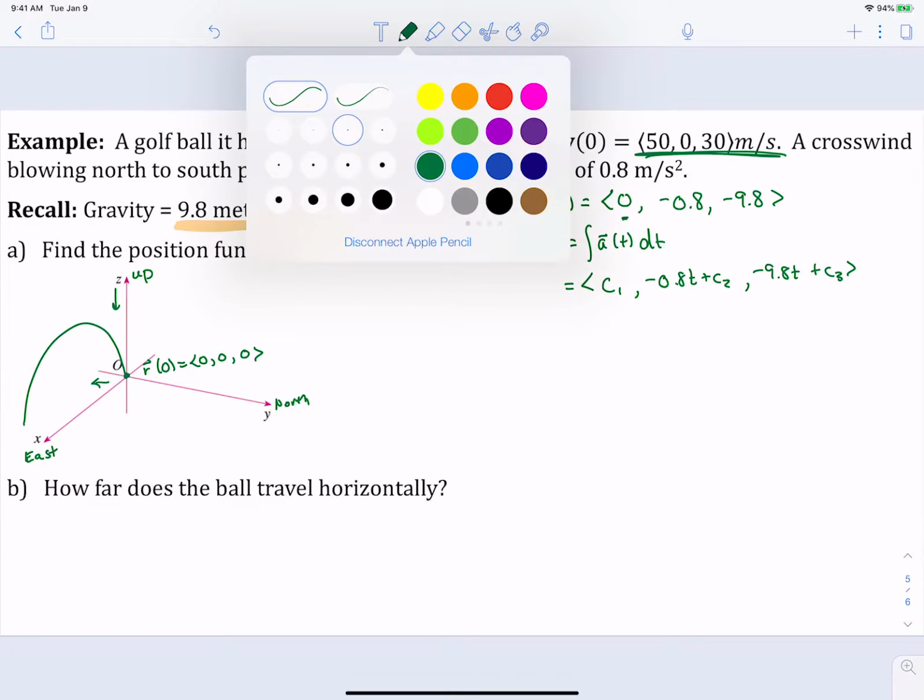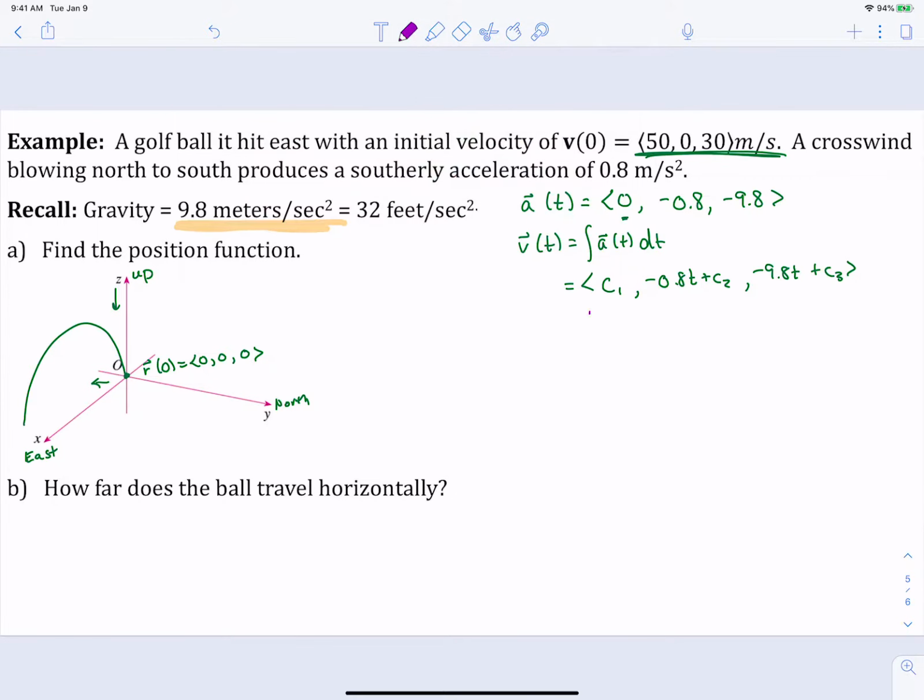The first one tells us that c sub 1 is equal to 50. The second one tells us that when time is 0, that initial velocity is 0, so c sub 2 is 0. And then the third one says that when time is 0, c sub 3 has to be equal to 30.